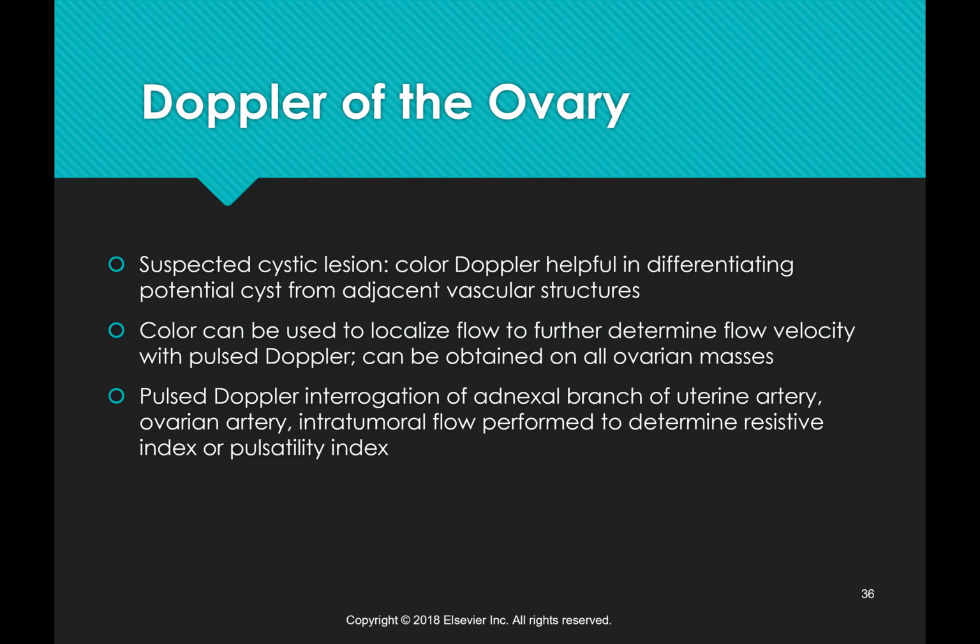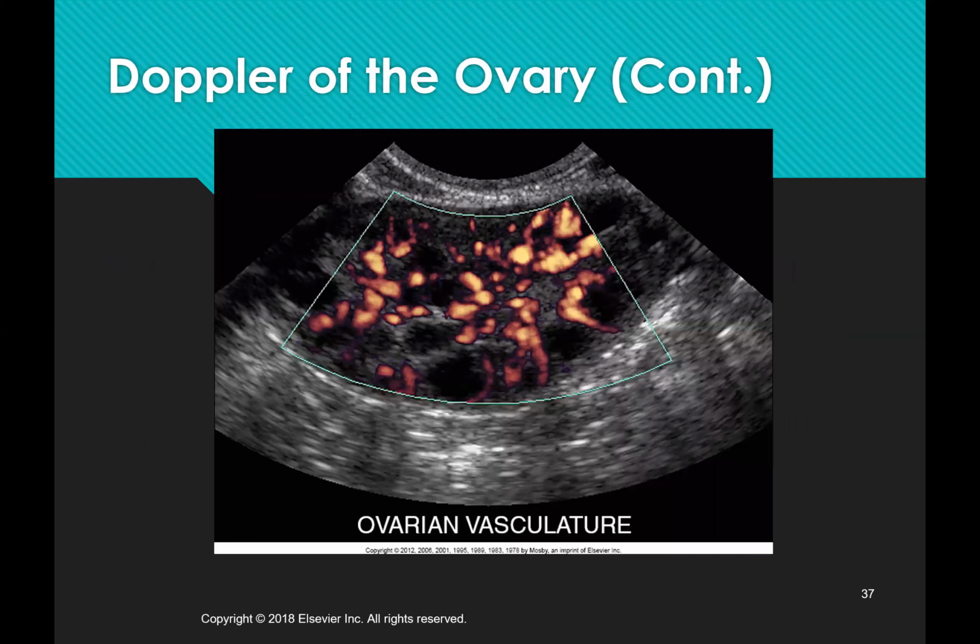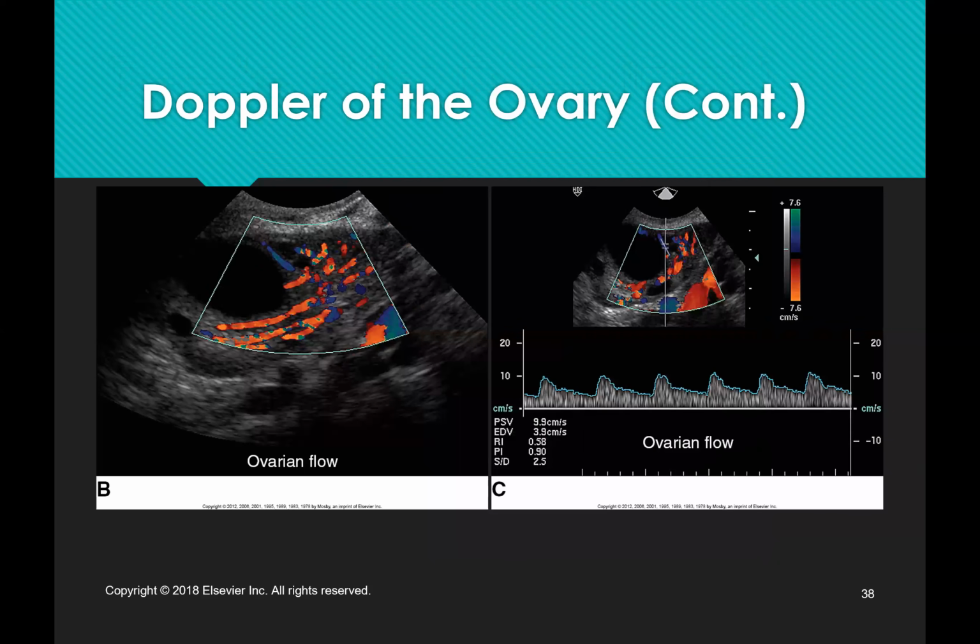I always put color on, especially if there's a cystic lesion or torsion is suspected. This is what the vasculature of the ovary looks like. So it is pretty vascular. We like to Doppler the flow of the ovarian artery and the ovarian vein.